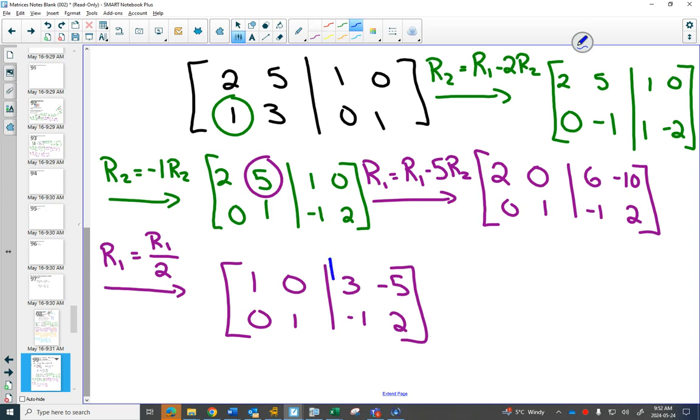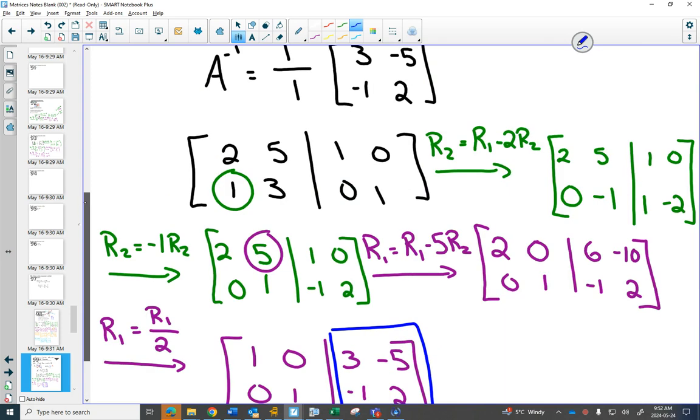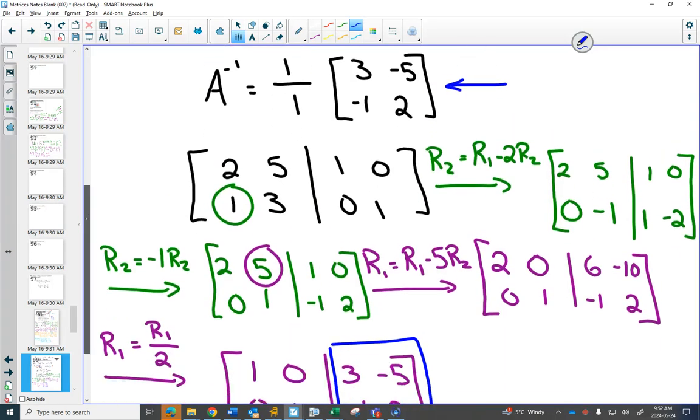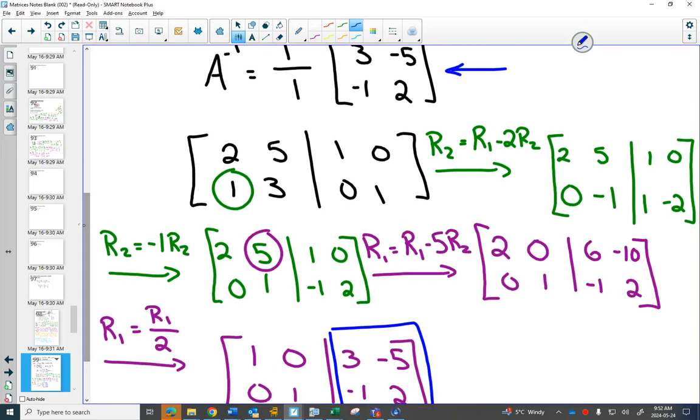And I want you to notice that when we do this, what we get on the right-hand side is identical. Look at that. It's identical to our inverse with the other method.